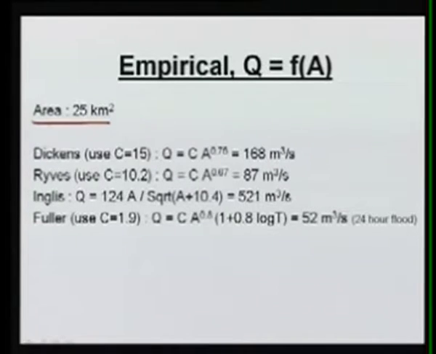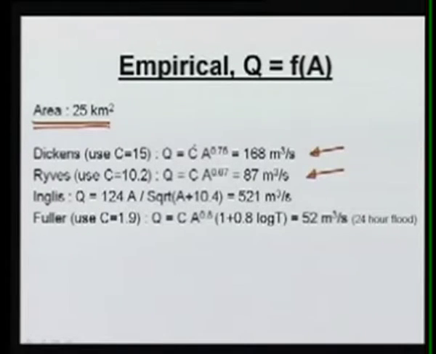There are empirical equations also which can be used to find out the flood discharge. We would look at some of them. For example, for the same catchment area of 25 kilometers square, we have seen these equations which are given for a particular area. For example, Dickens equation is for northern India, hilly regions, central India.